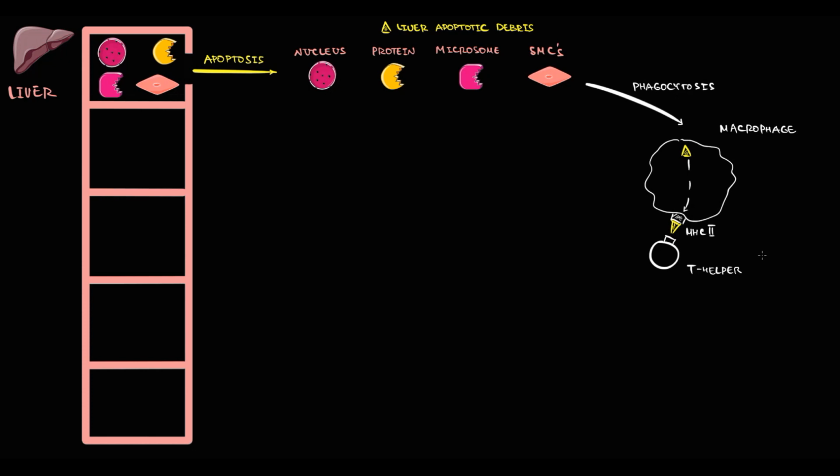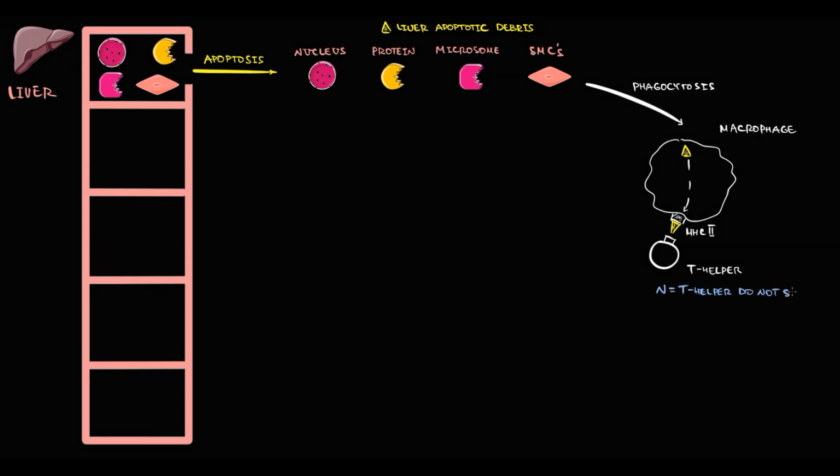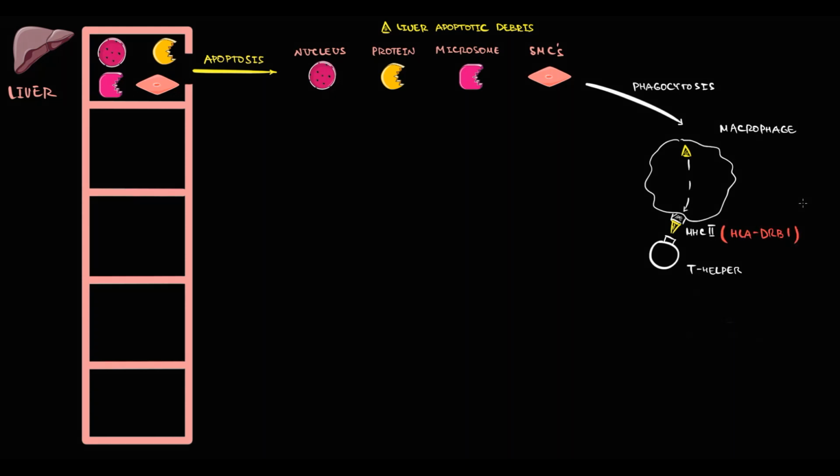T helpers scan liver apoptotic debris, and in normal condition, T helpers recognize them as normal substances, and thereby they do not trigger inflammation. But some people have MHC2 receptors that are produced based on HLA-DRB1 alleles. And in this case, most probably, inflammation will develop.